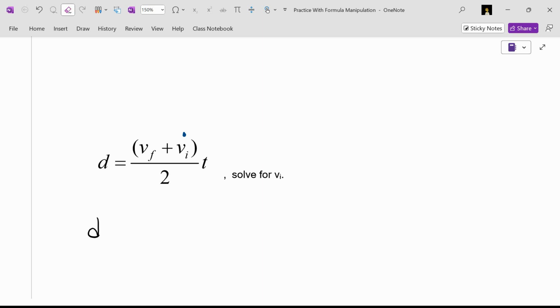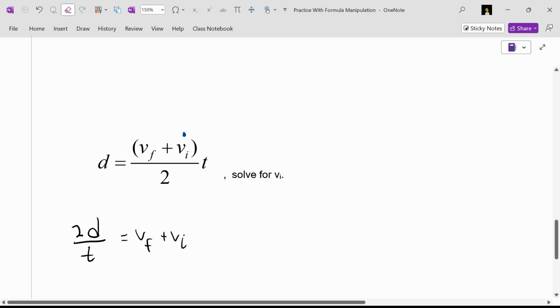How would I move the T over? What's the T doing to the bracket? Adding, subtracting, multiplying, or dividing. So, yes. How would I move the 2 over? Yes. And then in your imagination, I'll write it, but you can probably do this in your Sesame Street imagination. I would have the VF and the plus VI just drop down.